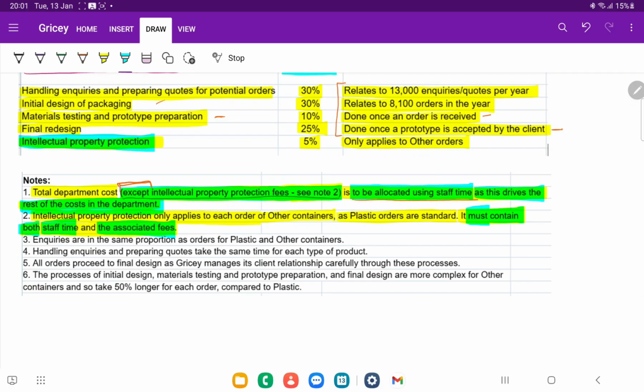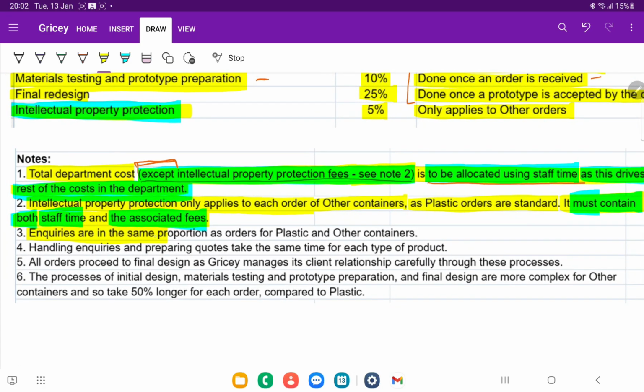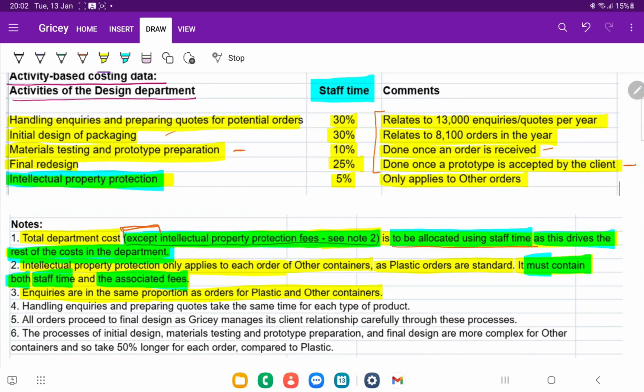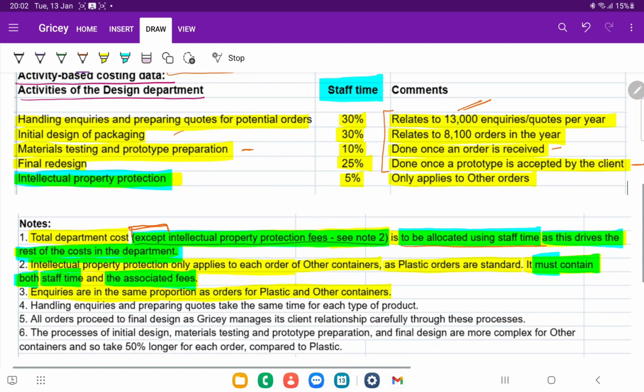Okay, inquiries are in the same proportion as the number of orders for plastic and other containers, right? So if there are 13,000 inquiries, and we got 8100 orders, they are saying that we don't know right now how many inquiries were for plastic and how many inquiries were for other orders.